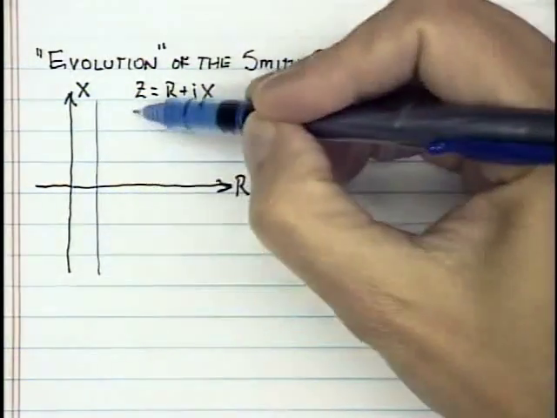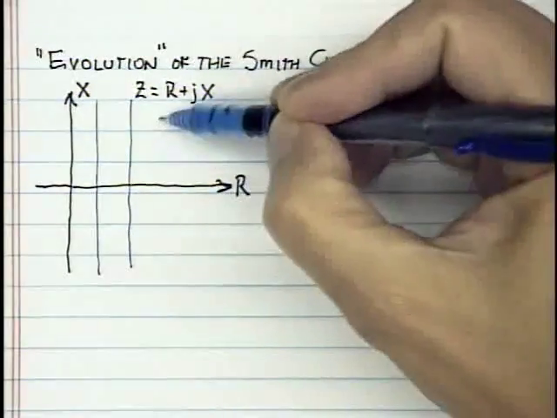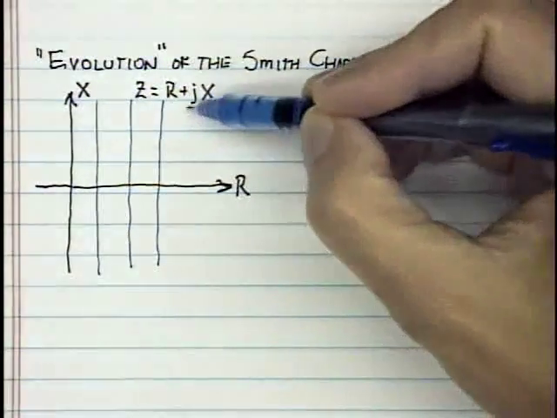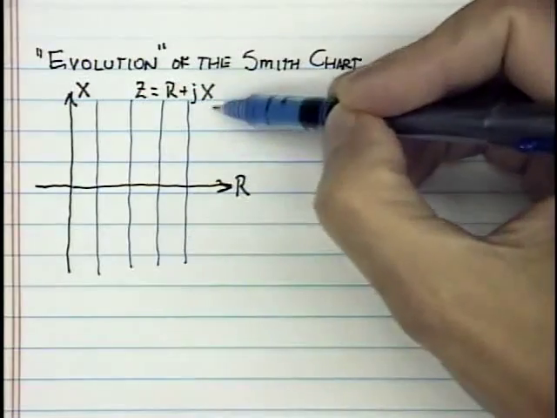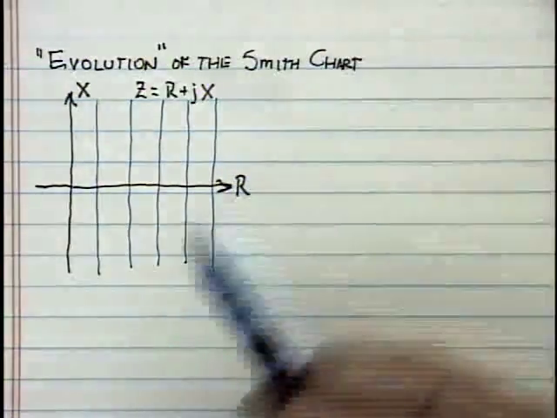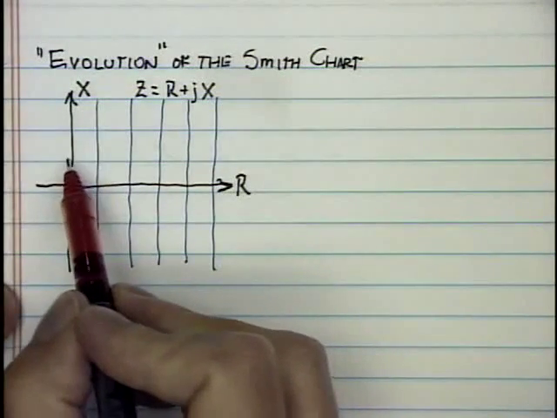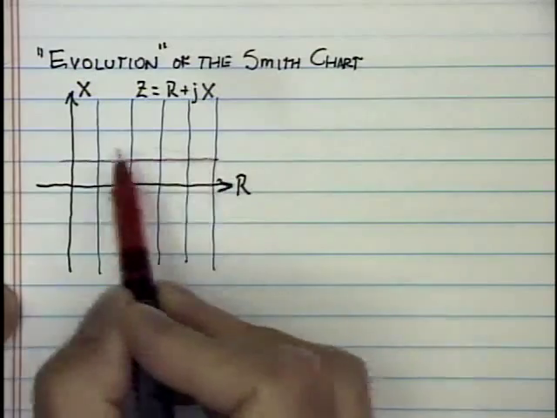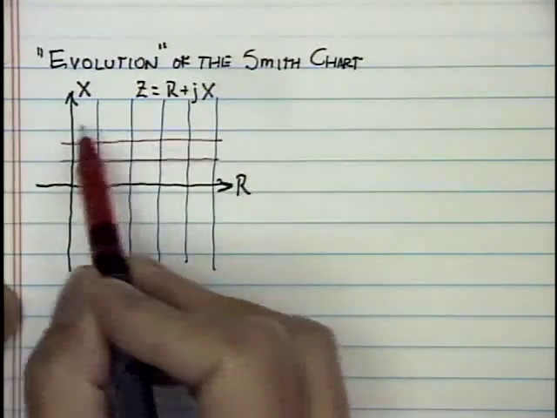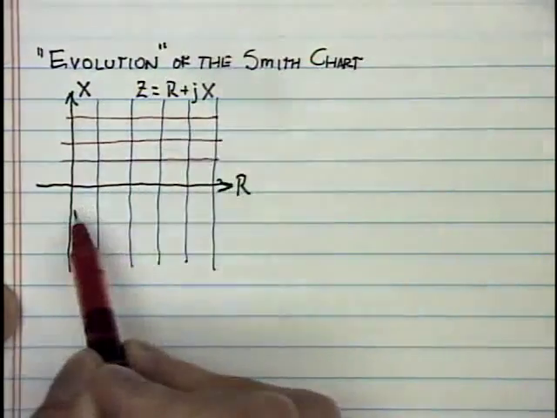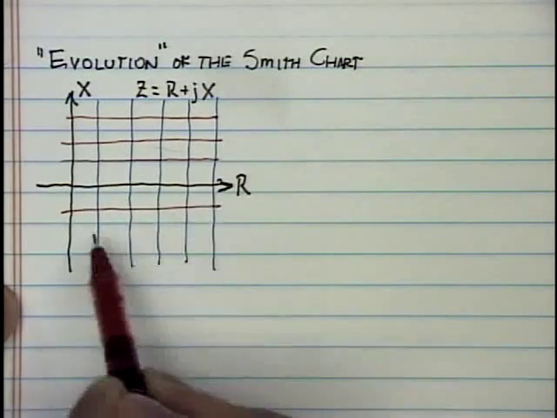Now you could draw that right half plane on a graph, and you might have your lines of constant resistance and lines of constant reactance making up the grid on your piece of graph paper.